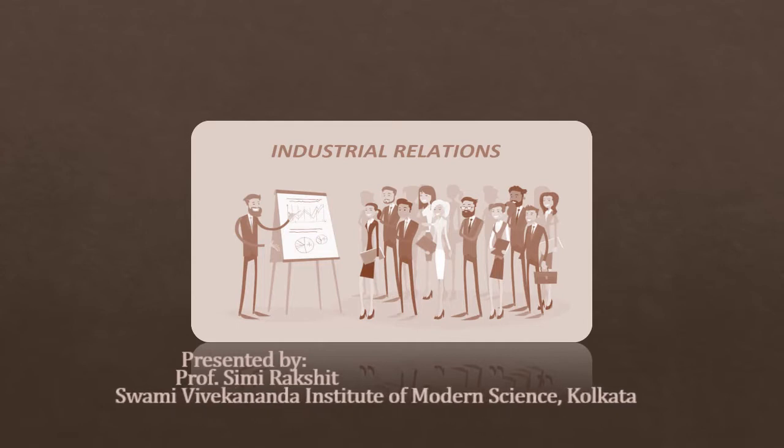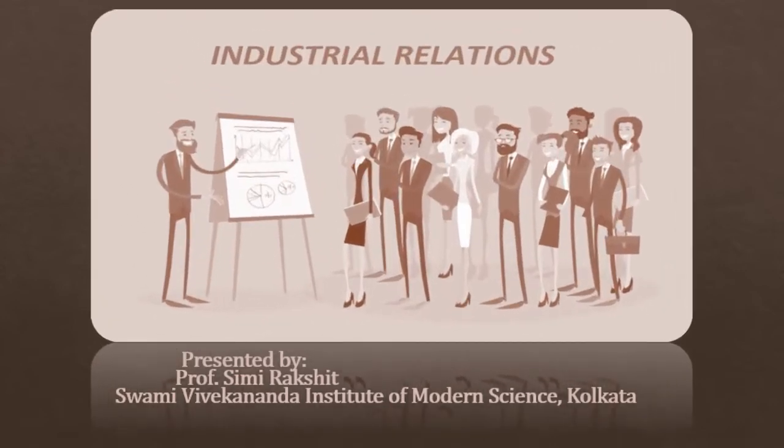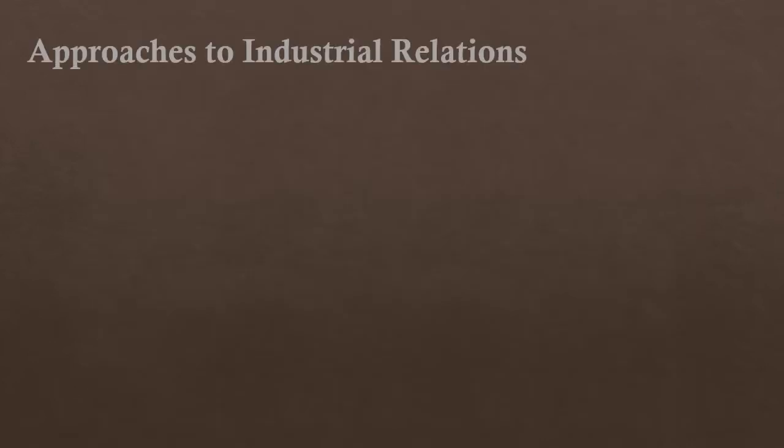In this tutorial, I am going to talk about approaches to industrial relations. There are some approaches which are related to industrial relations, and I have already made a video on these approaches. In part 1, I have already explained the system approach, unitary approach, and pluralist approach.